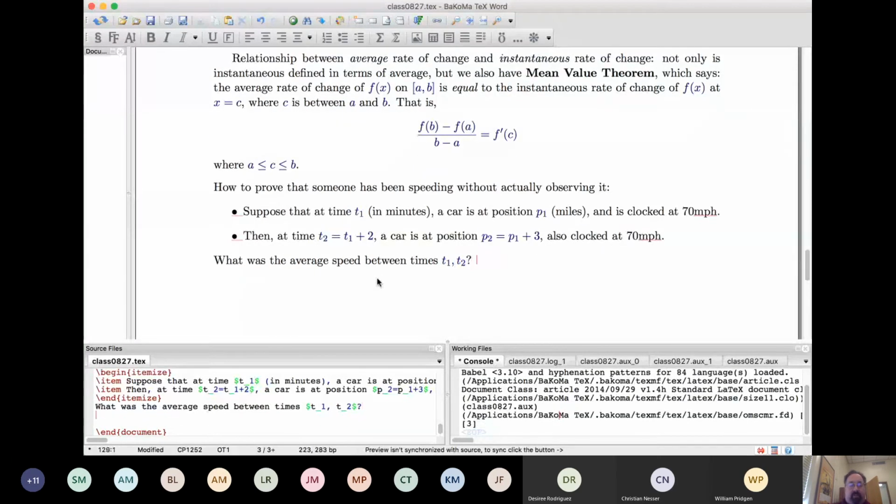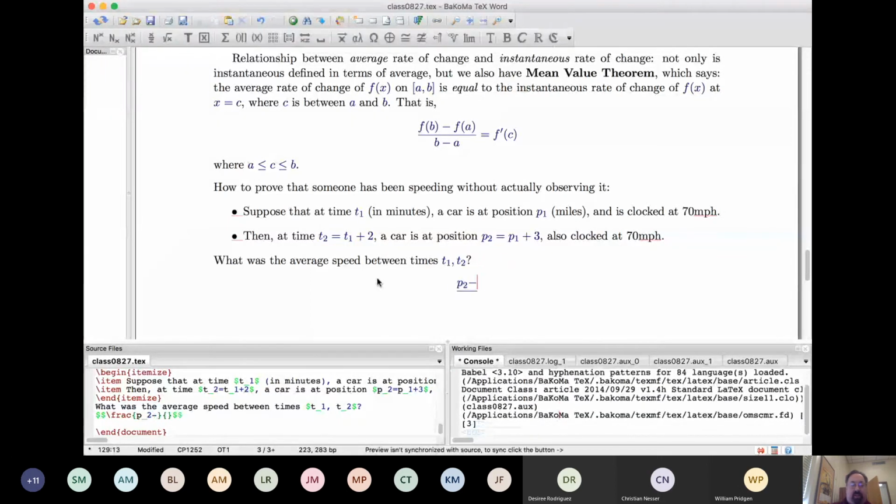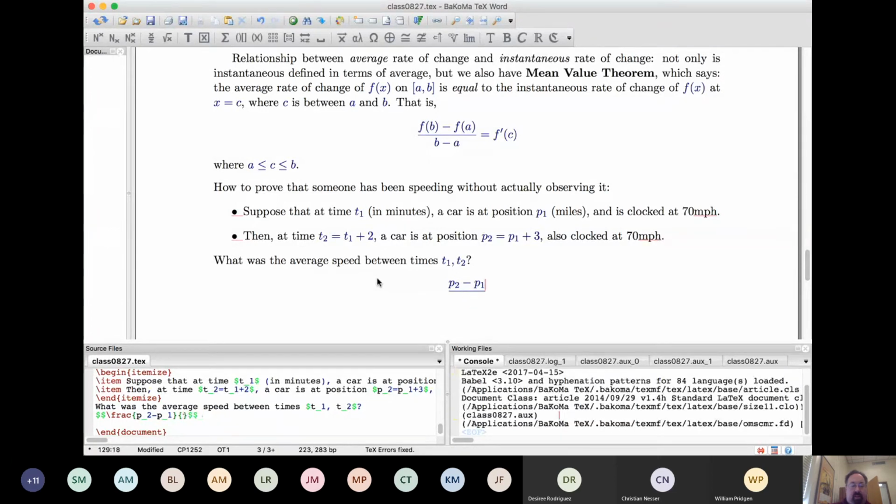Well, that would be the difference in position in miles divided by the difference in time.